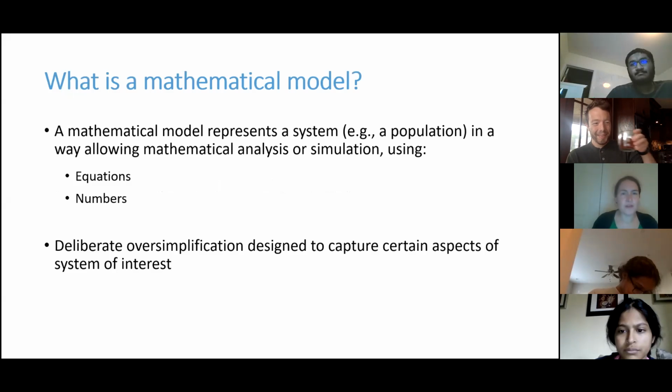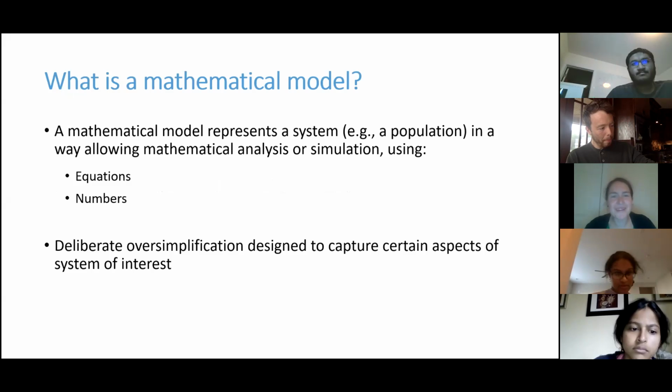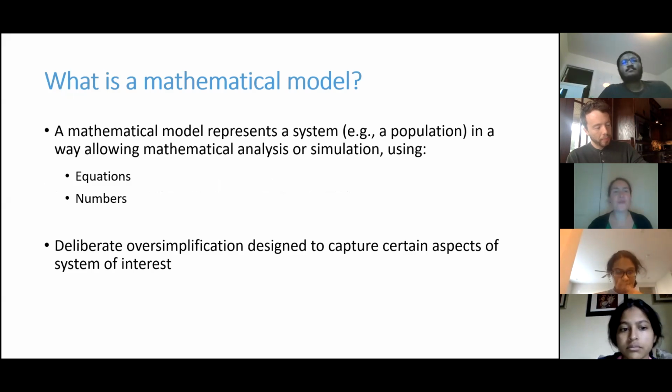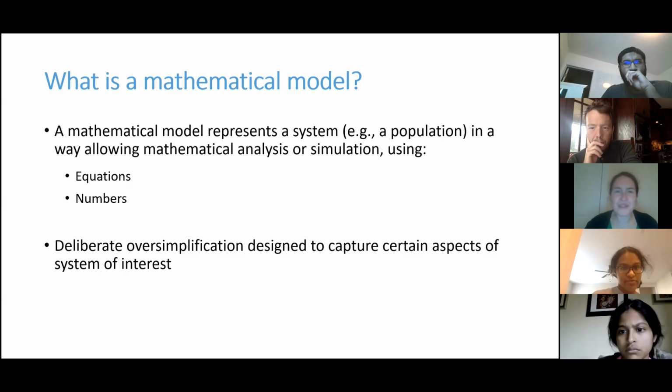Okay, so starting with our very brief crash course in mathematical modeling. First of all, definitions, description. What is a mathematical model? So you'll find lots of different words and definitions for this, all saying approximately the same thing. But one description that I like is that a mathematical model represents a system.